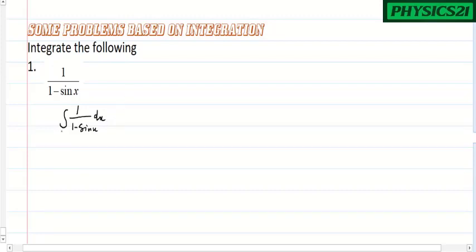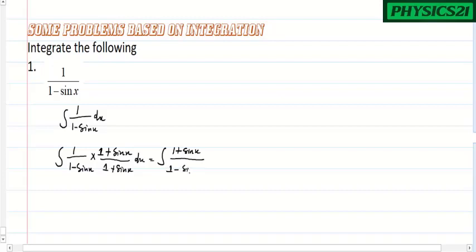So here to integrate this we will take 1 divided by 1 minus sin x, and multiply in the denominator as well as in the numerator by 1 plus sin x, giving (1 + sin x) divided by (1 + sin x) dx.